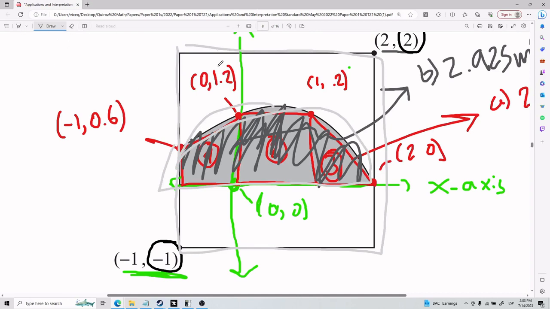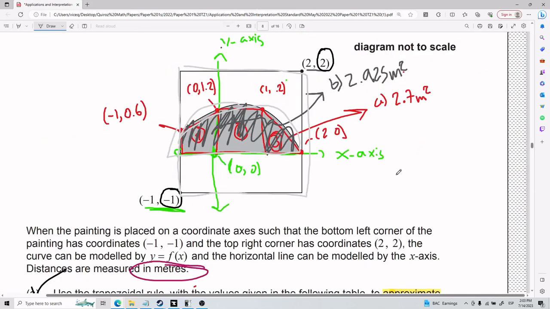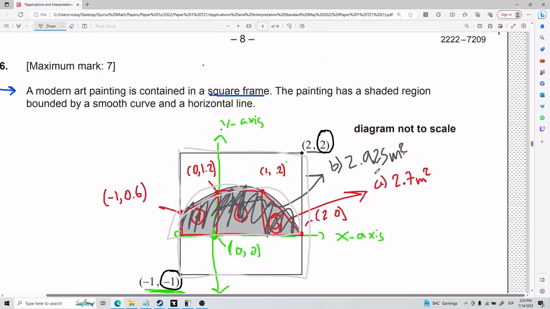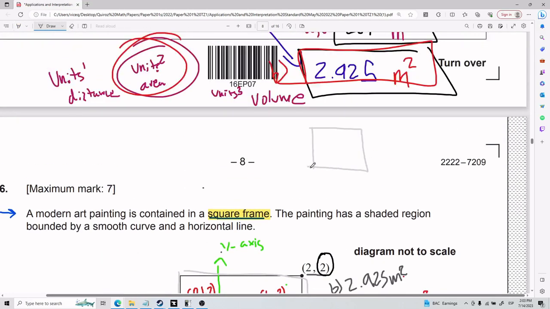So, what is the area of the whole box? Well, is it a box? Is it a rectangle? Aha, this is where context matters. Read again the problem. What did I highlight initially that I found important? It's a square frame. So a square, these values are all the same. Aha.